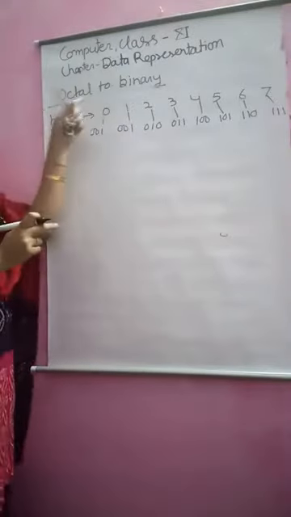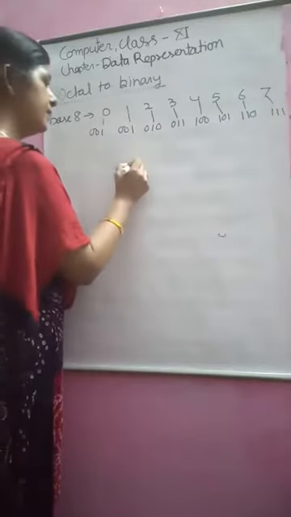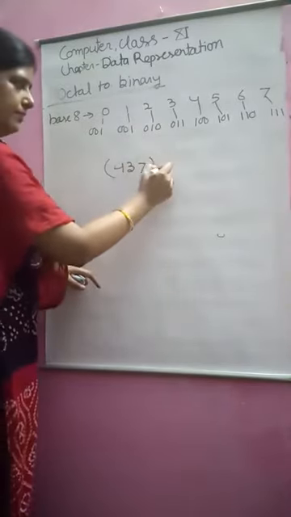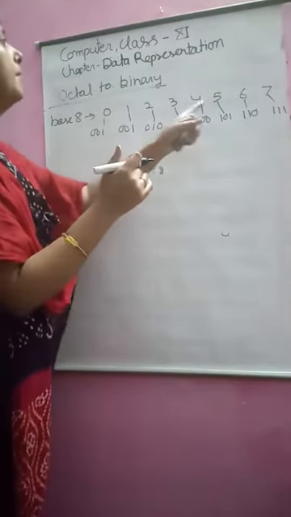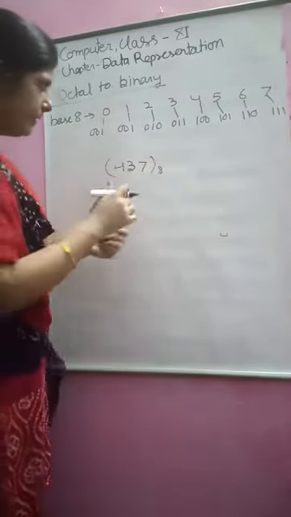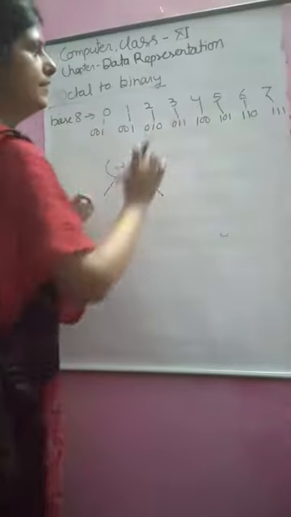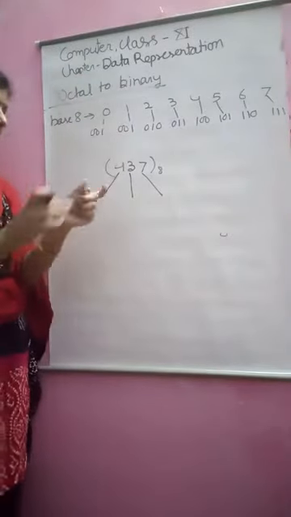Now, to convert an octal number to a binary number, take any octal number, even a big octal number. You have to convert each digit to its equivalent binary. Conversion from octal to binary is very easy.